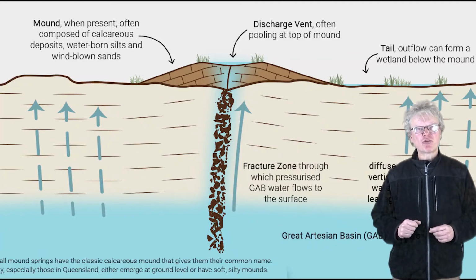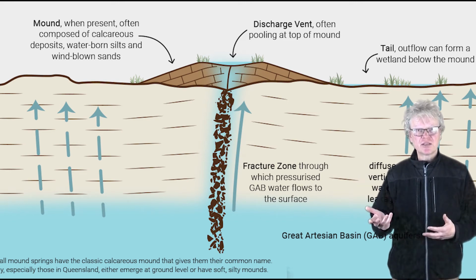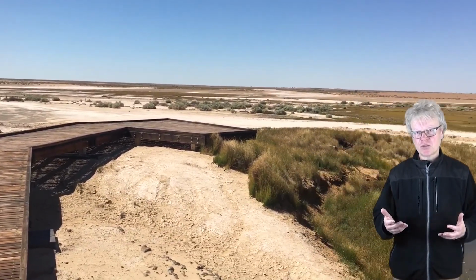One of the really cool things is, if the confining layer is fractured, you can get water coming up naturally. Natural springs. You have this ecosystem forming, and it is an incredibly unique ecosystem. It's called a mound spring.